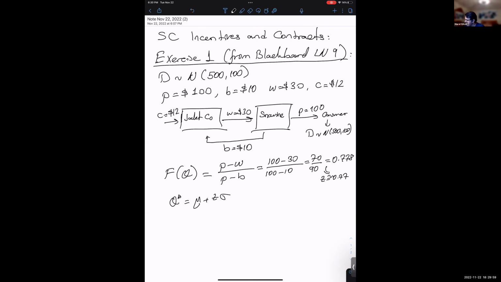So then we're going to plug these values in: 500 plus 0.77 times 100. And this is going to be approximately 577 jackets.